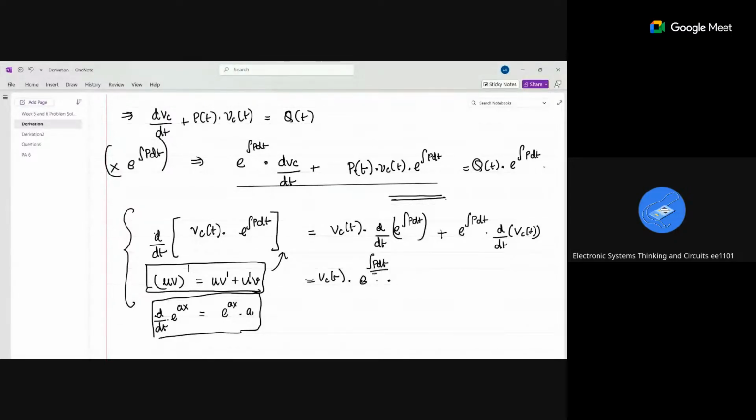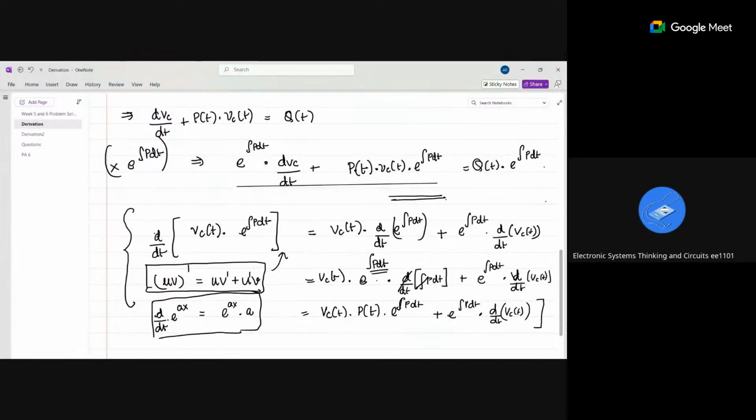Then I will differentiate only this one, d/dt of ∫P dt, plus e^(∫P dt) into d/dt of Vc(t). And my differential and integral term will get cancelled. So Vc(t), this P(t) e^(∫P dt), plus e^(∫P dt) d/dt Vc(t).